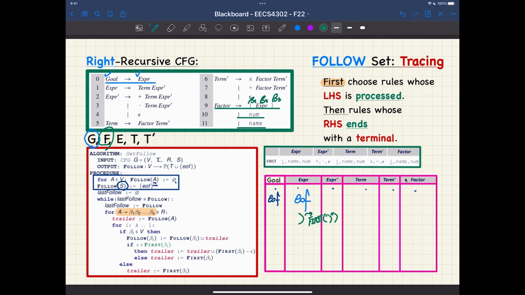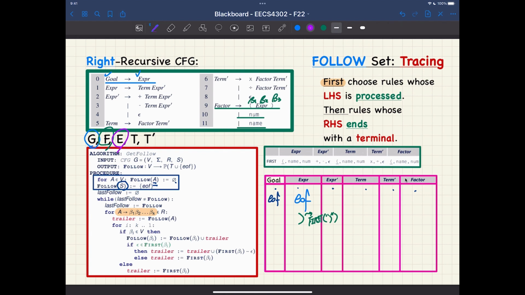You can see so far we haven't really reached a fixed point just yet because we're still updating. And the next one. Let's do maybe one or two more, and then once you feel more comfortable about it, you can just complete the rest. Let's say we do this expression.